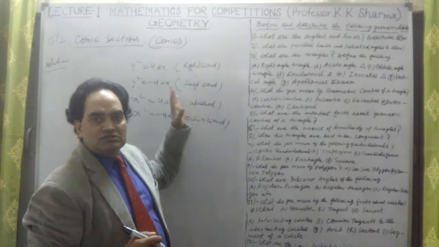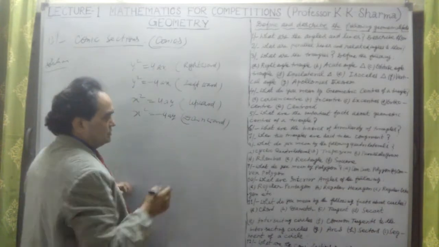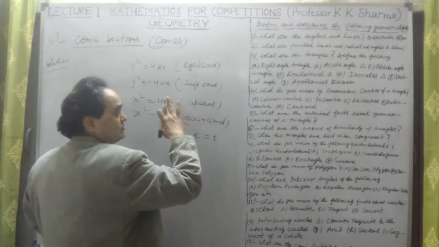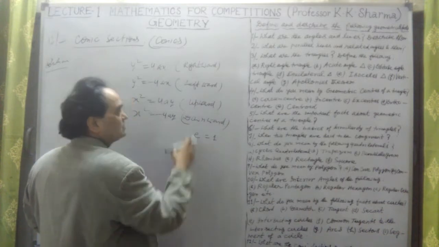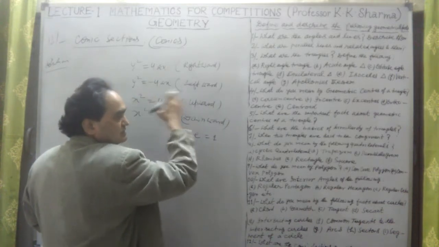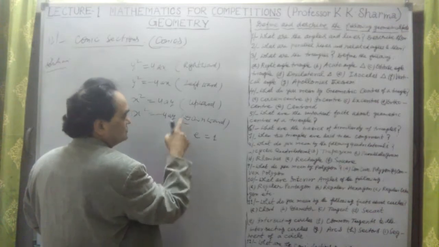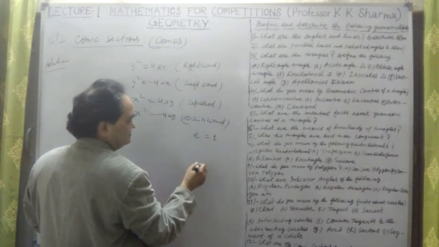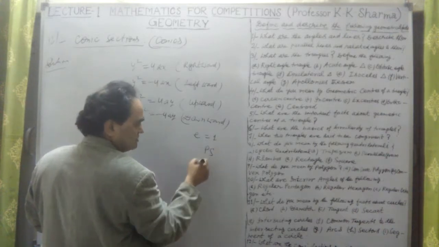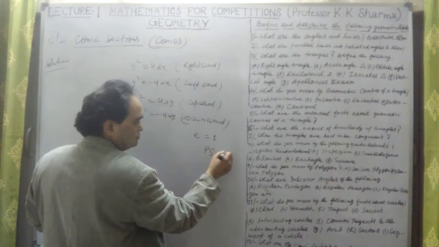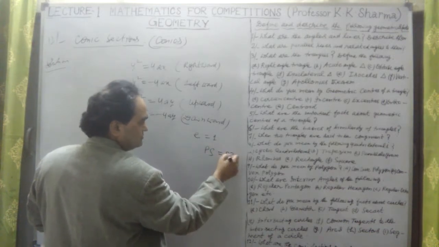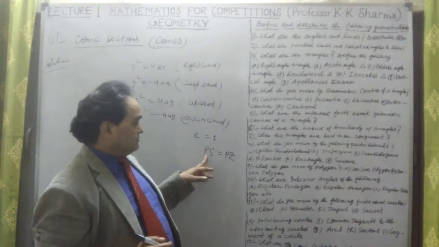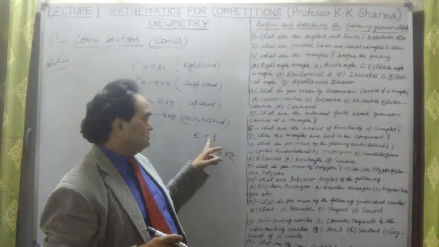Here e is equal to eccentricity, which is 1. The ratio of the distance of the point from a fixed point and its distance from a fixed line is equal, e is equal to 1. Taking point P, and S as the focus, PS is equal to PZ. So PS upon PZ equals 1.